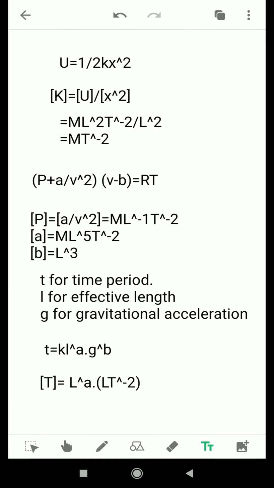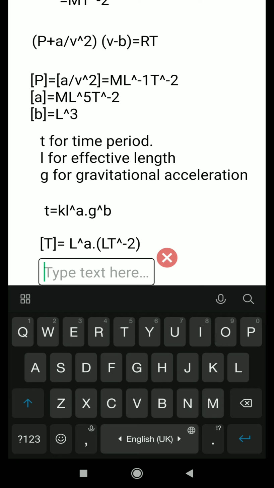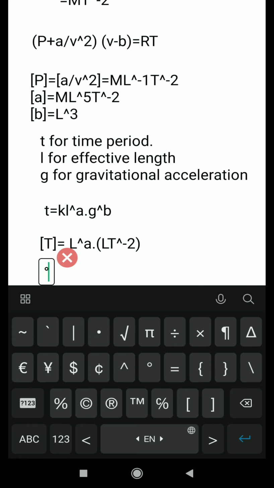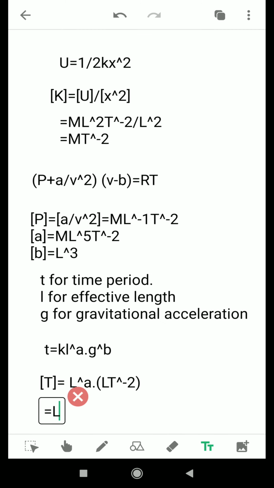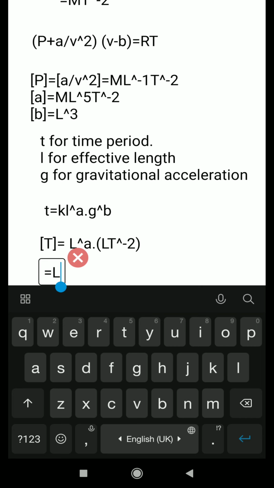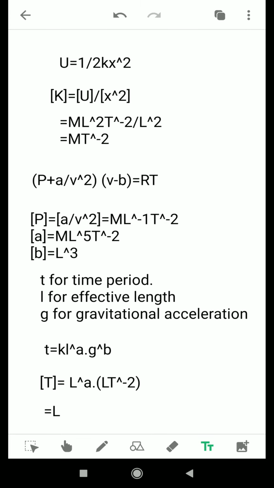So if we relate, we can see that g to the power b gives LT to the power minus 2 to the power b.